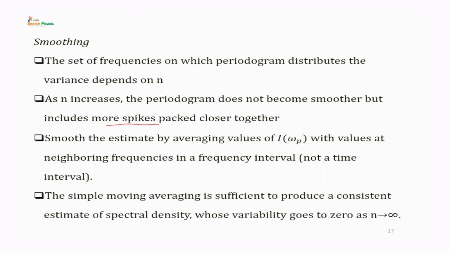So, you must smooth the estimate by averaging the value of I omega p with values at the neighboring frequencies in a frequency interval. So, smoothing is one of the options, but smoothing is not done over the time interval, it is done over the frequency interval.